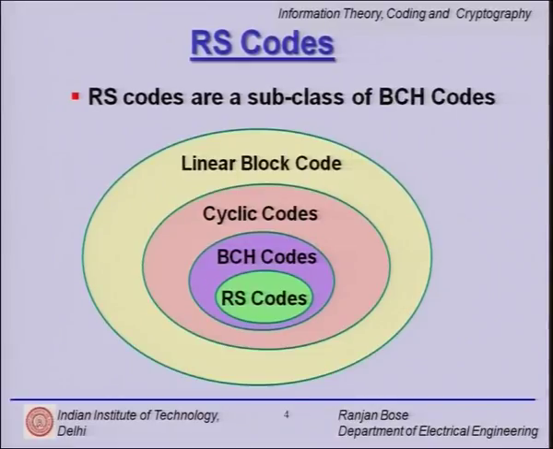We pointed out in the earlier lecture that the umbrella code is the linear block code, cyclic codes form a subclass of linear block codes, BCH are a special subclass of cyclic codes, and finally we are going to study Reed-Solomon codes.